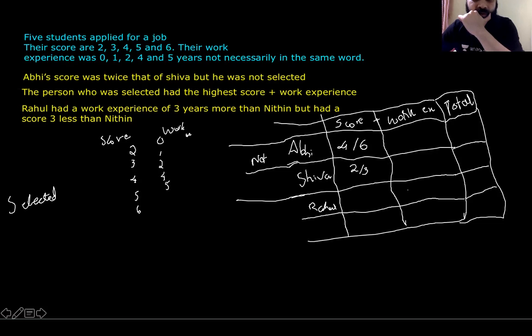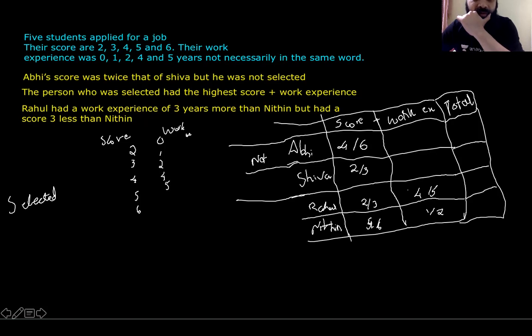So Nitin can have a work experience of 1 or 2. Rahul can have work experience of 4 or 5. But Rahul had a score 3 less than Nitin. So Rahul can have 2 or 3. Nitin can have 5 or 6.